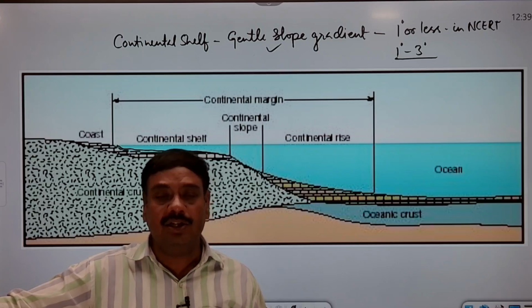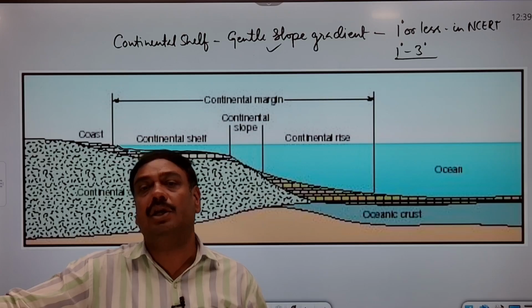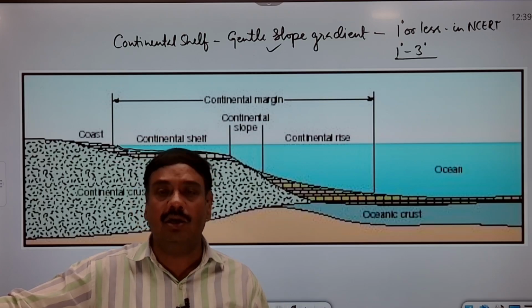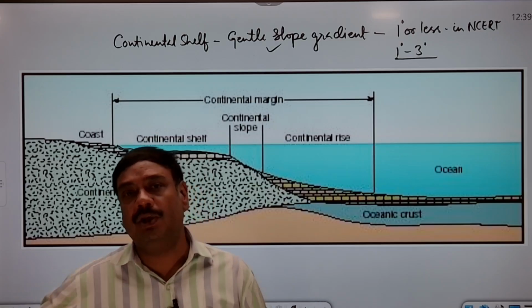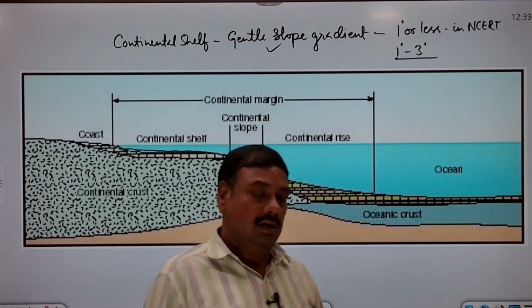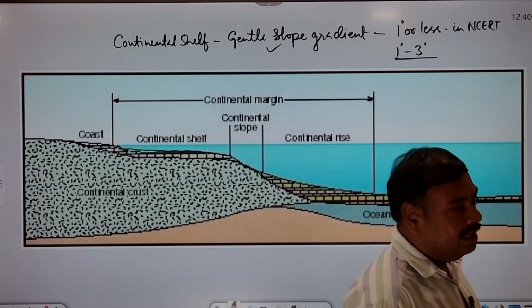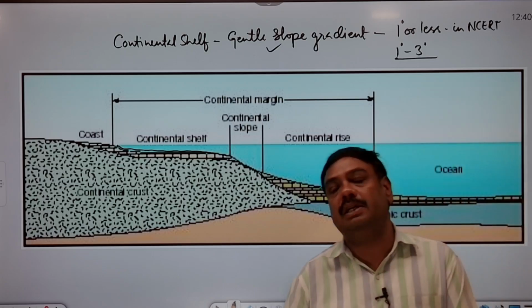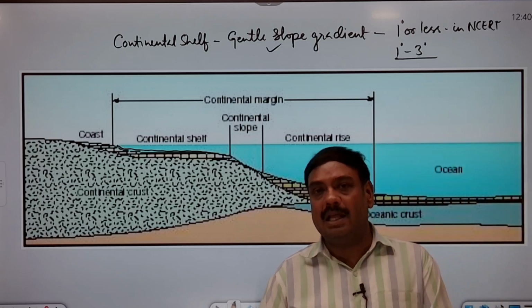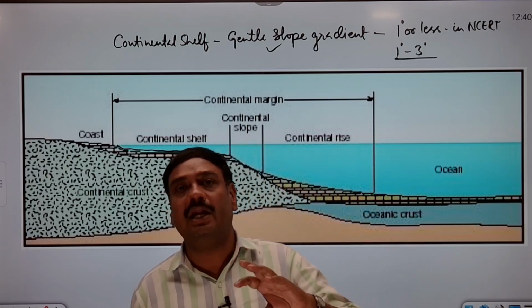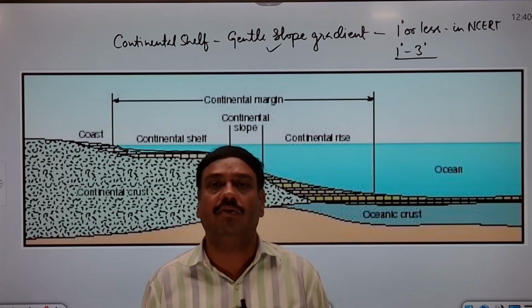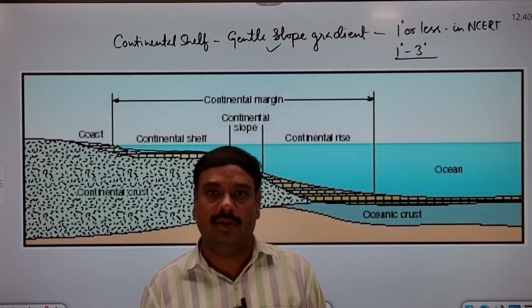But the continental shelf is also a major resource for fossil fuels. Why am I telling you this? Because, as I told you, so much organic material gets deposited between two layers of sediments. With the passage of time, this organic material can get converted into fossils and then fossil fuels.